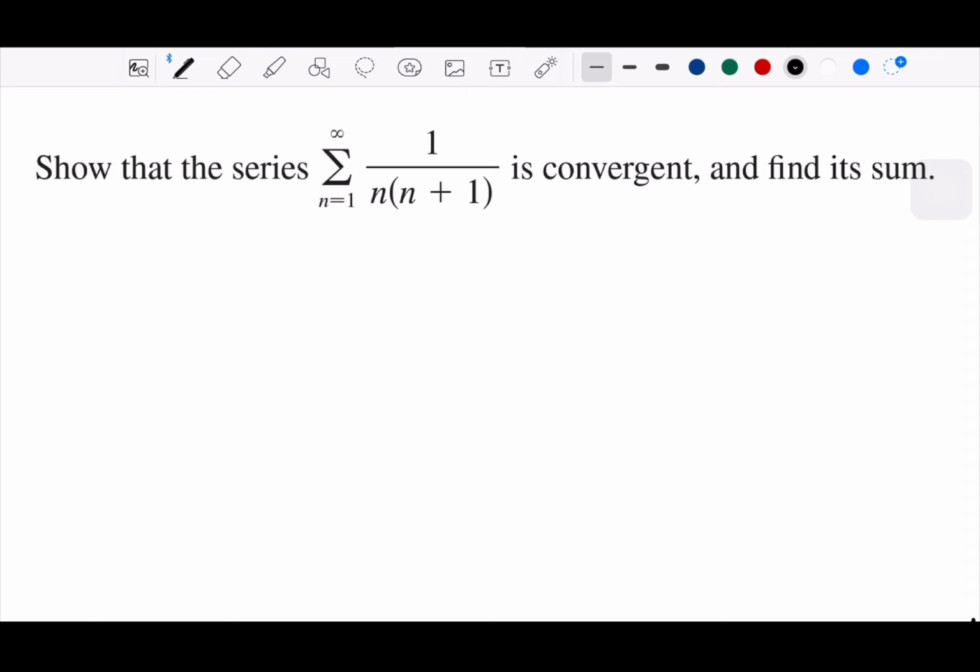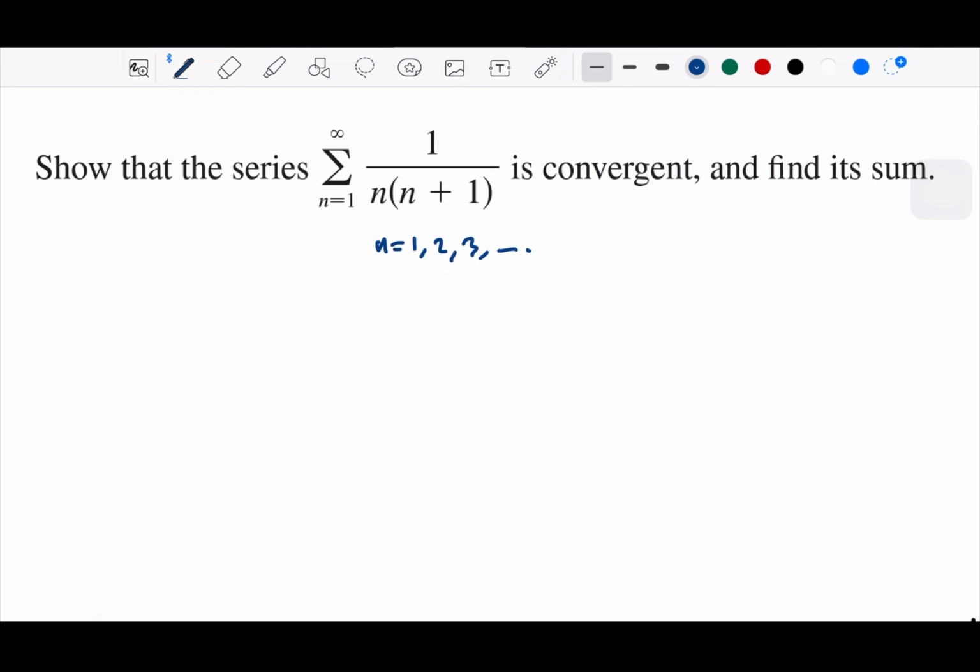To begin, we could try the sum for n equals 1, 2, 3, and so on. You'll see some interesting numbers.